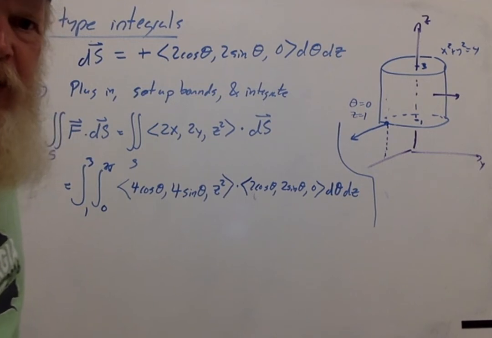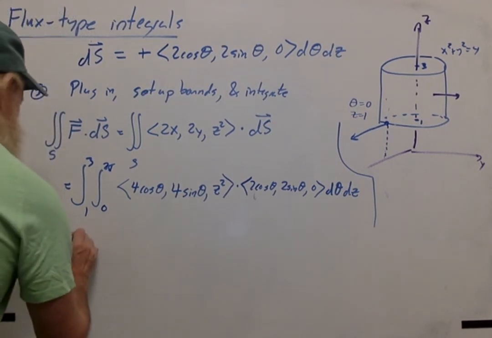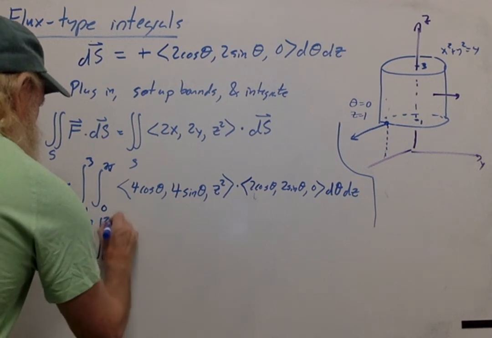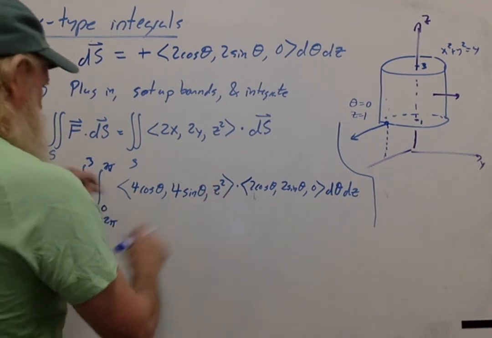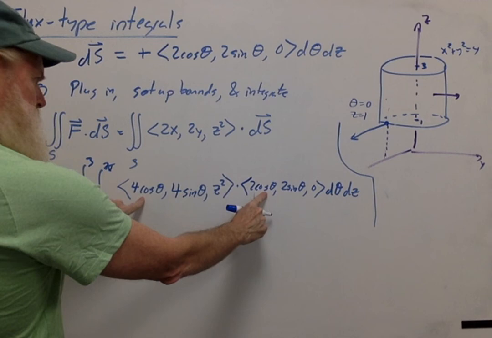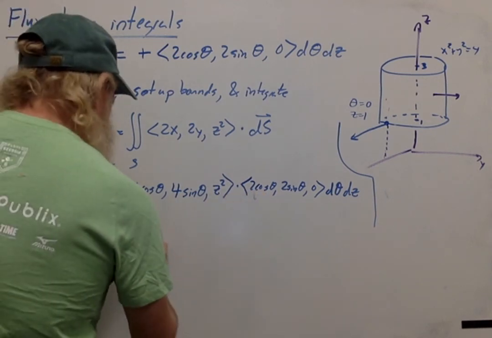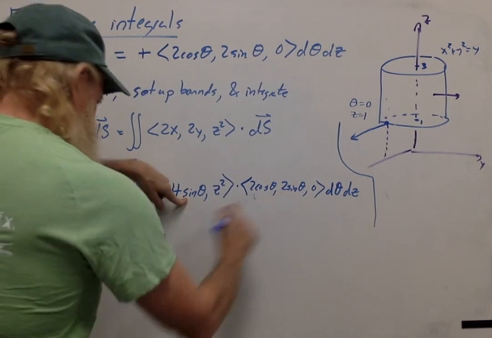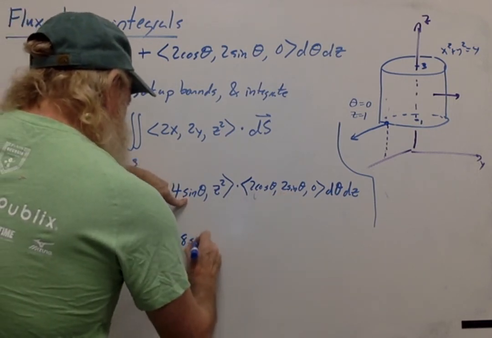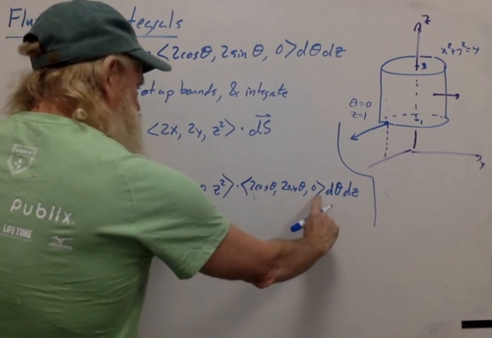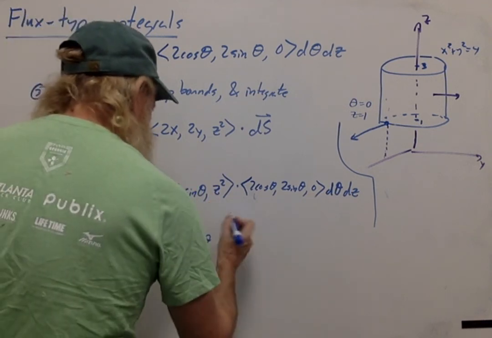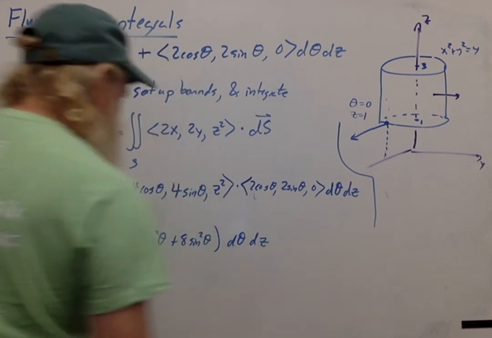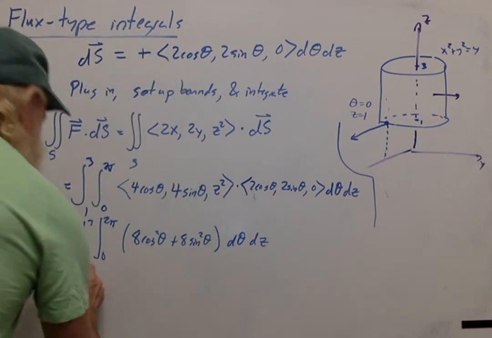So let's carry out the dot product and then do the integral. With the dot product, I multiply corresponding components, so I have 8 cosine squared theta plus 8 sine squared theta plus 0 d theta dz. Oh, wow, this one's a nice one.